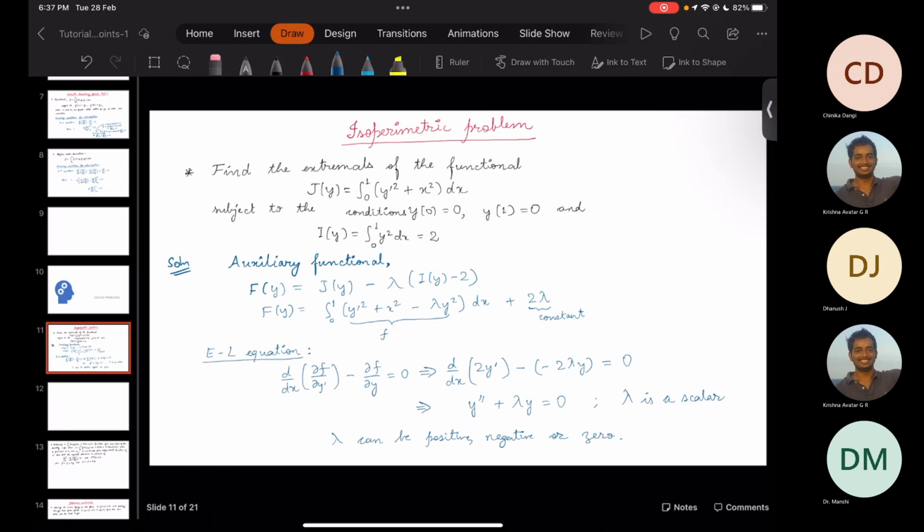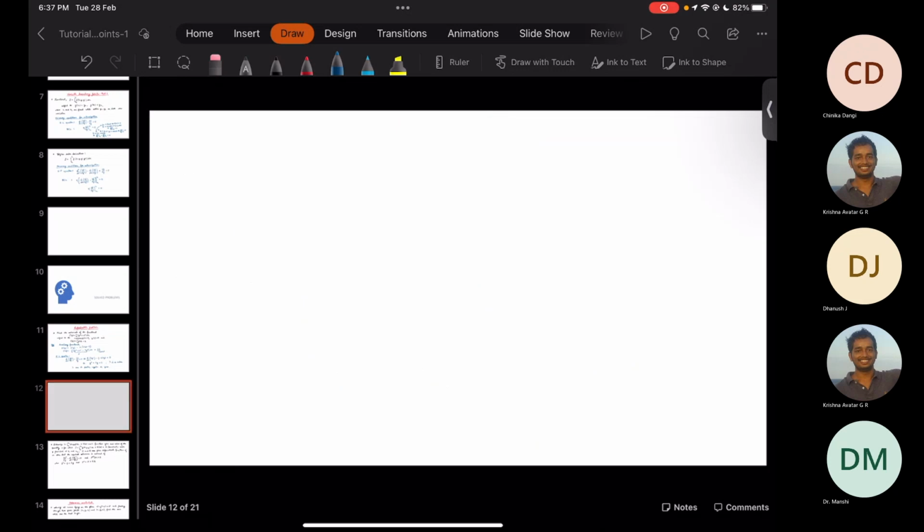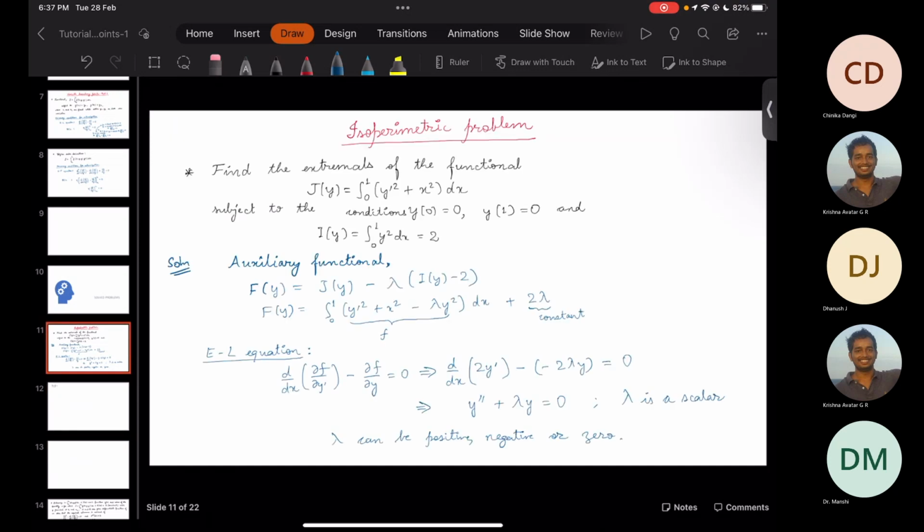So let's evaluate our choice for 3 different cases. So let me start with lambda is equal to 0. So this is the first case we're going to evaluate.